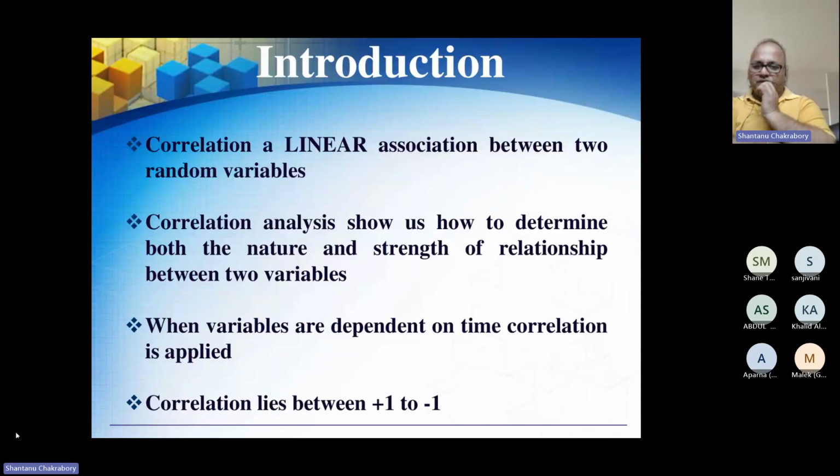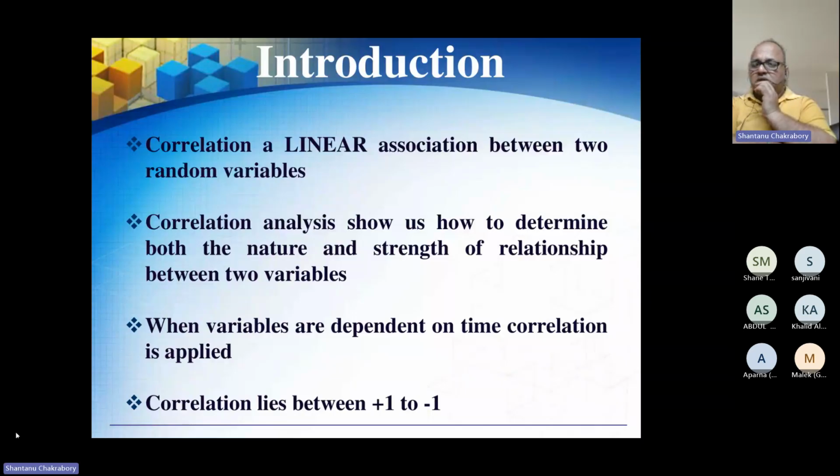So the correlation coefficient is r, and its value is between +1 and -1. If your correlation is near +1, or 0.9 or something like that, it shows that there is a very strong association between your variables x and y.